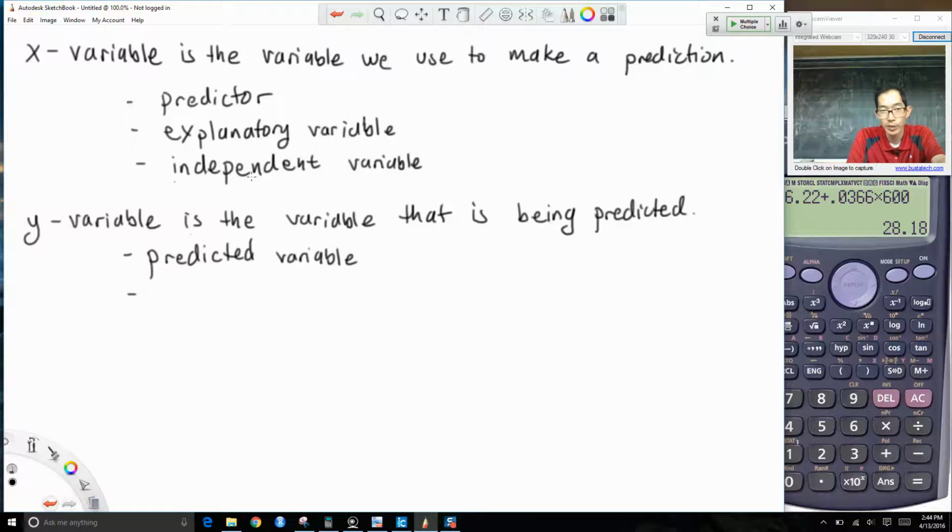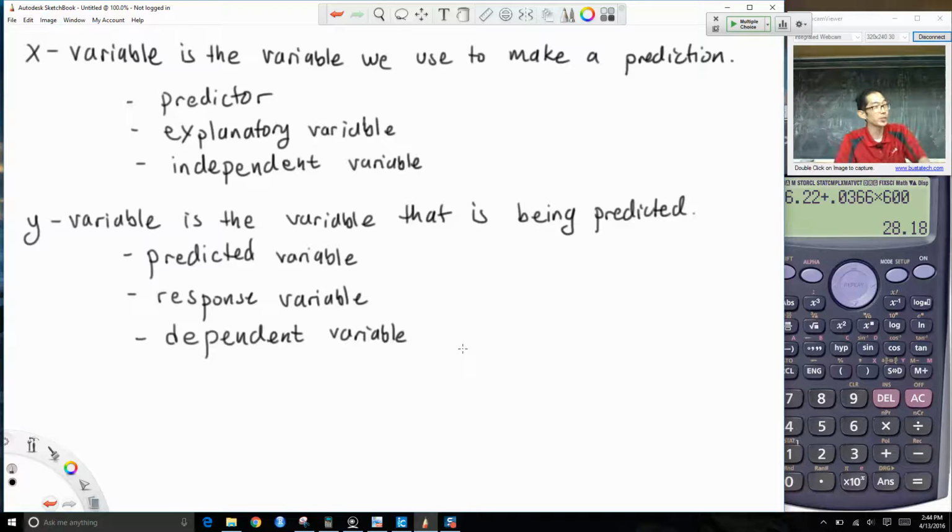Or if you're using explanatory variable, we will say this is the response variable. This is the variable that responds to our change in inputs. Or we will say this is the dependent variable, the variable that depends on the inputs of the equation.